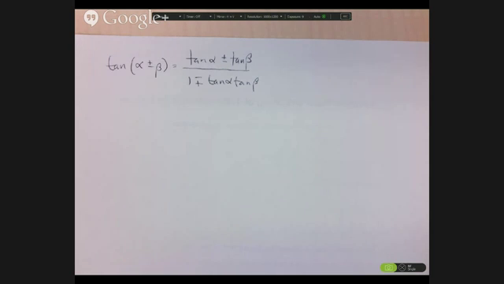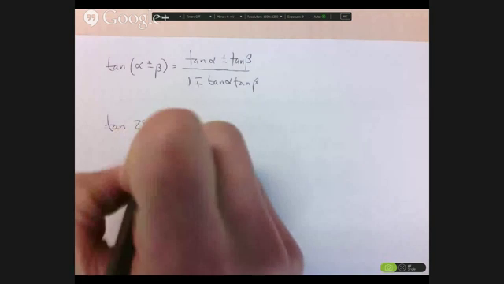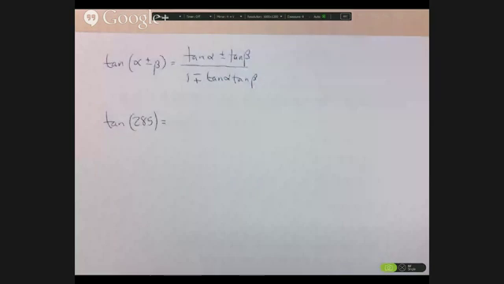I'm gonna do the turn ahead a little more. Let me show you one. Let's try 285. How can I split 285 up? You could do 270 plus 15, but 15 is not in your tables, because 15 is not in your book.